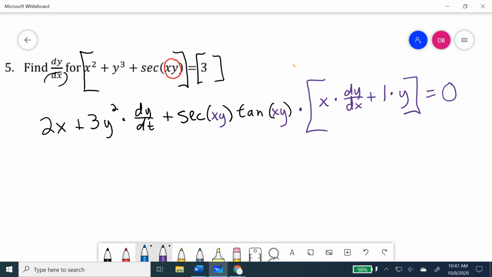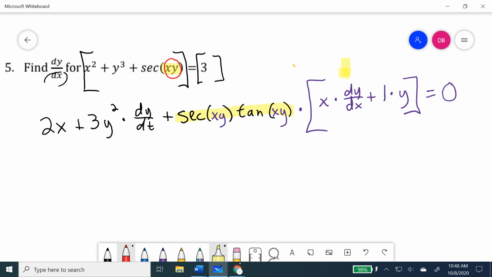Then, very, very important, when you wind up having to go through a product or a quotient rule while you're in the middle of a chain rule like we are here, you have to make sure that you distribute the multiplication over the addition.